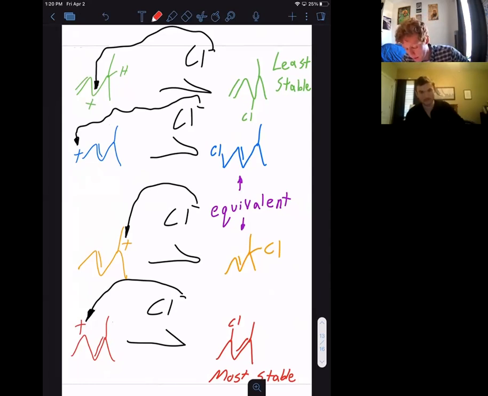And so they're equivalent. The most stable, kind of Zaitsev's product here, is this bottom one, because you have a tertiary carbon bonded with a secondary carbon. And then the least stable one is going to be the one with the secondary and the primary.